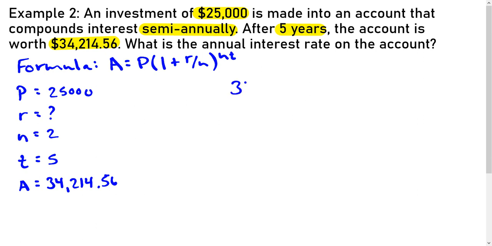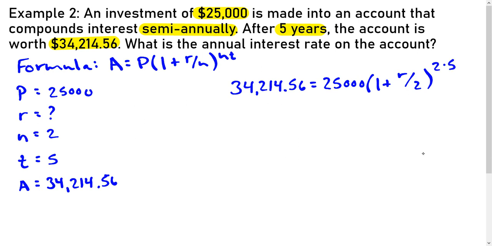So let's plug in what we know to try and solve for what we don't. We have $34,214.56 equals $25,000 times 1 plus an unknown R over 2 raised to 2 times 5.